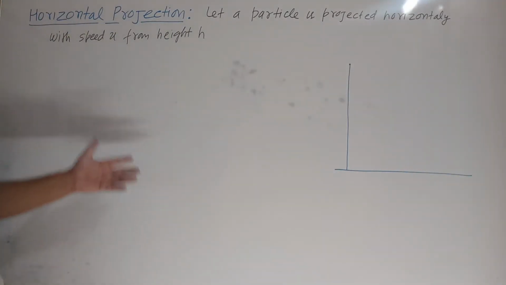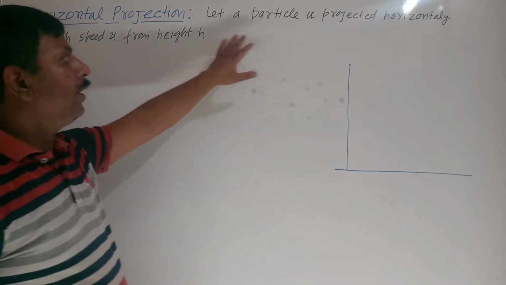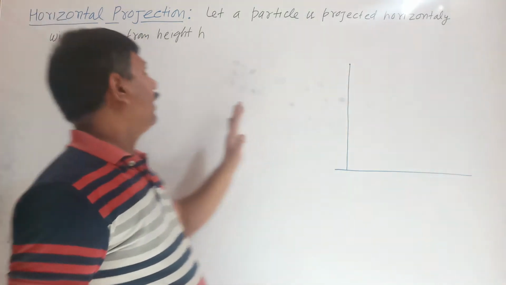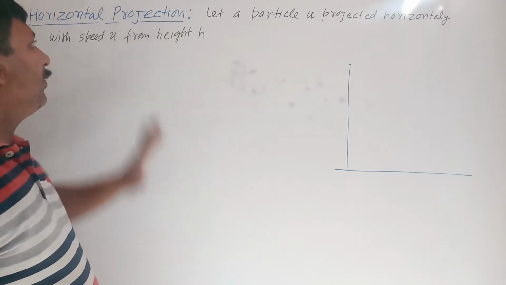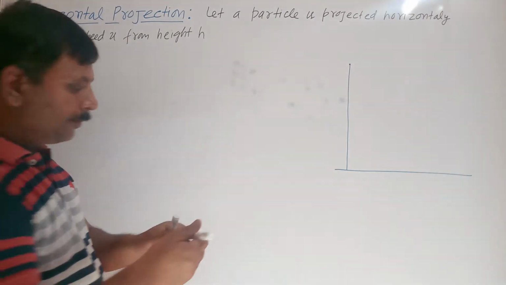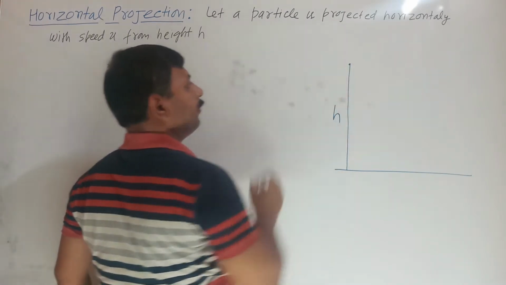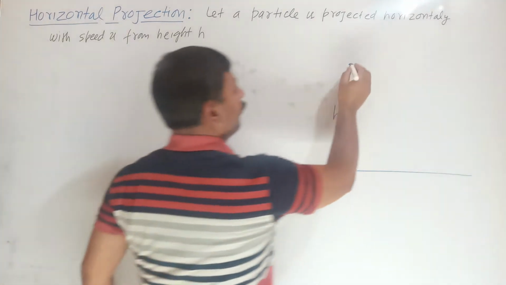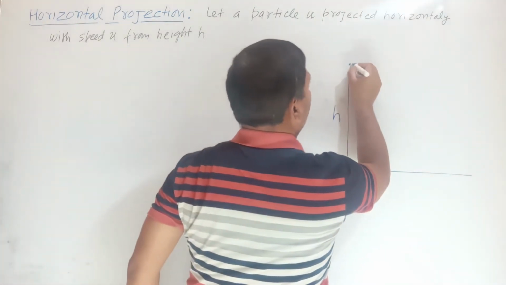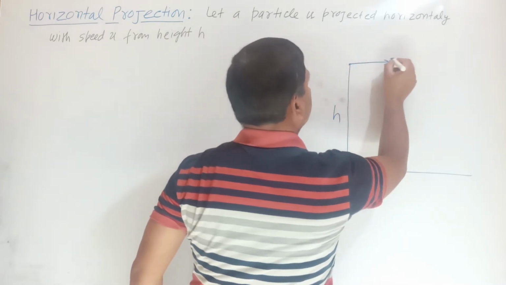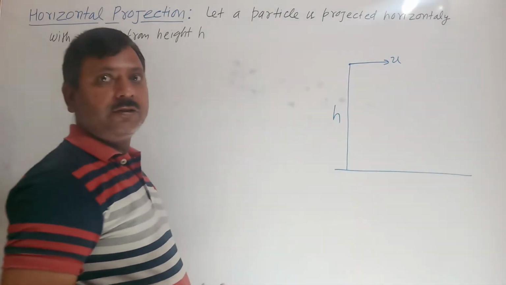Today I am going to discuss the horizontal projection. Let a particle be projected horizontally with speed u from height h. From height h, one particle is projected from here horizontally with the initial velocity u.